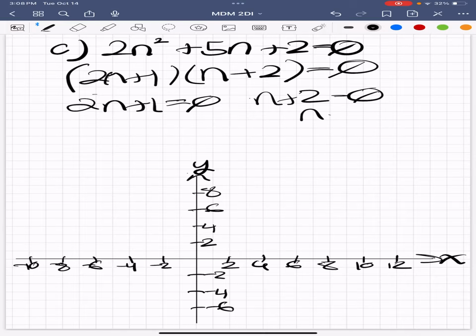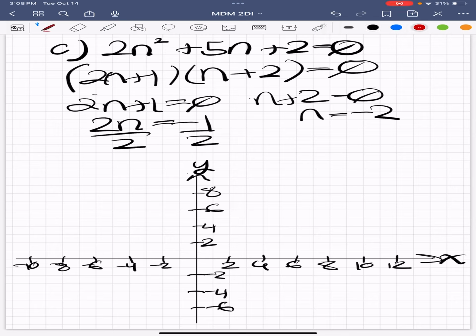And then we have n equals negative 2, and then 2n equals negative 1, so n equals negative 1 over 2, and n equals negative 2.